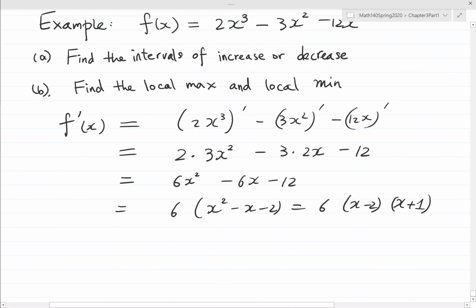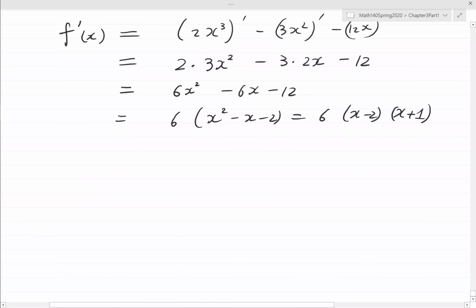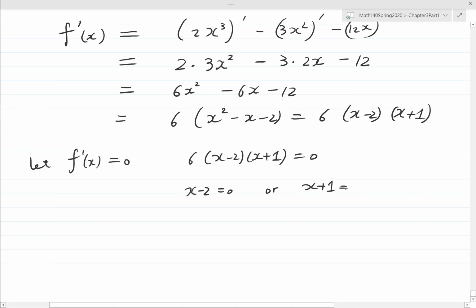It has two roots. Let f'(x) be 0, then we get 6(x minus 2)(x plus 1) equals 0. So x minus 2 is 0 or x plus 1 is 0, and we get two roots: x is 2 or x is -1.